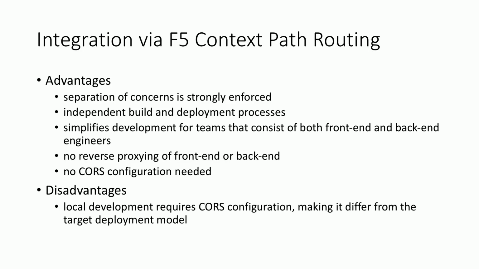You may have to use the WAMulator for authentication, but don't use it to imitate the F5 context path routing. It gets really hairy, and it's difficult to configure. I haven't had a good experience using the WAMulator to imitate that.